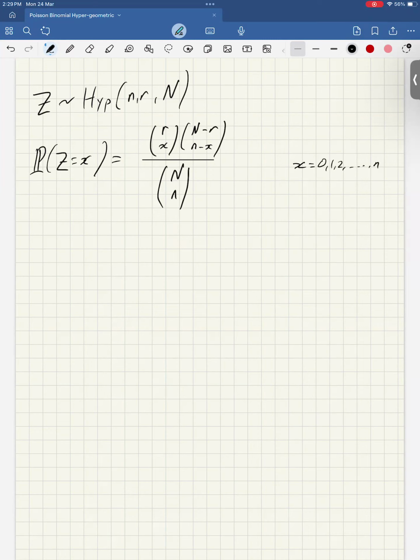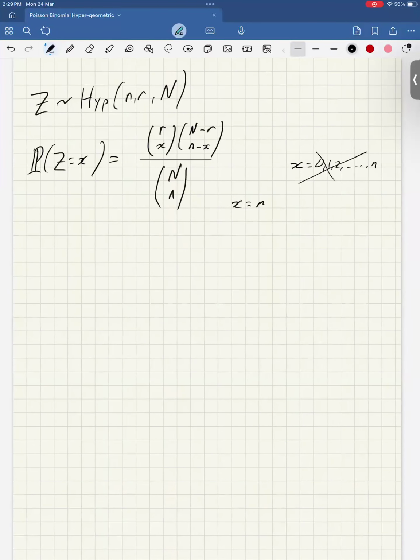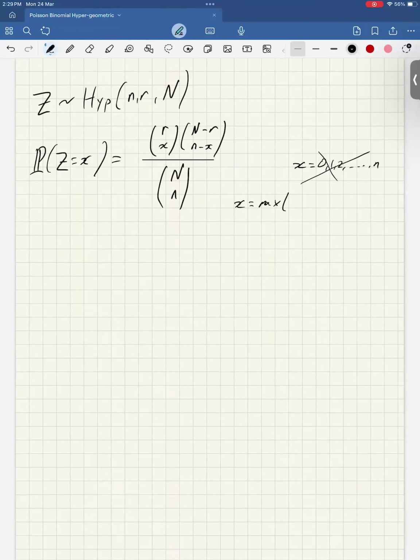But actually, this is not always the X range that we get. It's actually for X ranging from the maximum of 0 and R plus little n minus capital N, up to the minimum of n and R. Okay, so the support of the probability distribution might look a bit weird, all right?